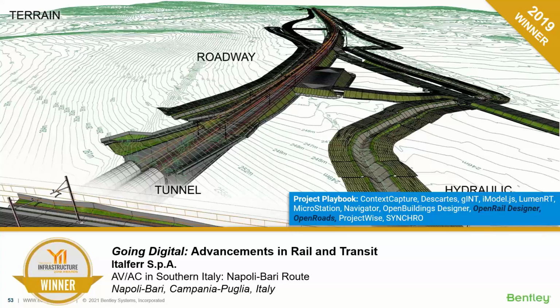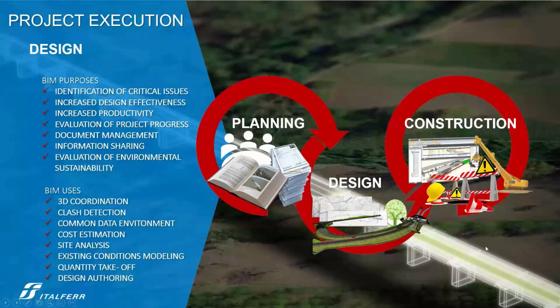I'm not sure, I don't know the place as well, but it's basically in Italy and uses different kinds of rail alignment types. At grade, there are tunnels, there are also viaducts. So basically leveraging most of the Bentley solutions.